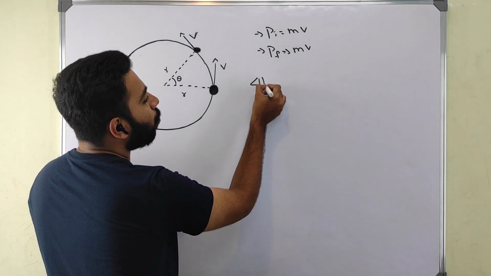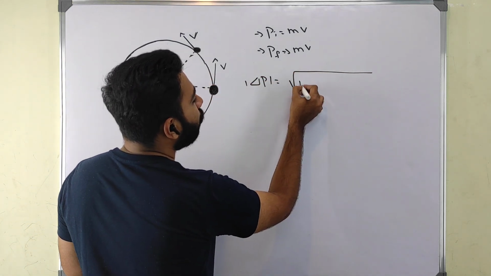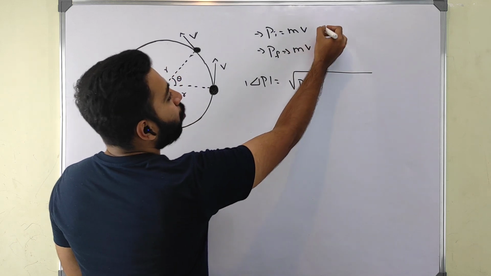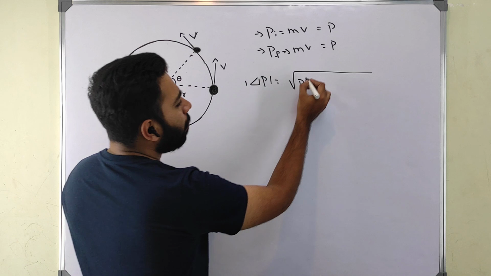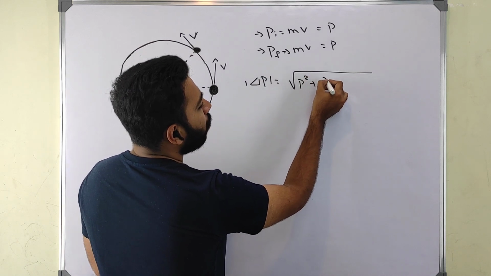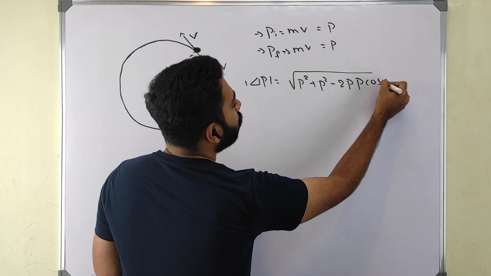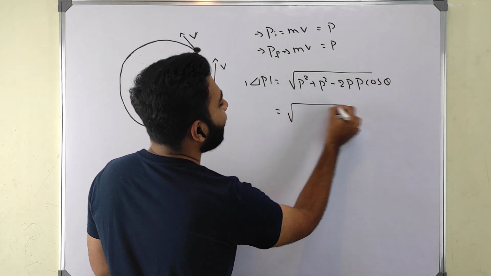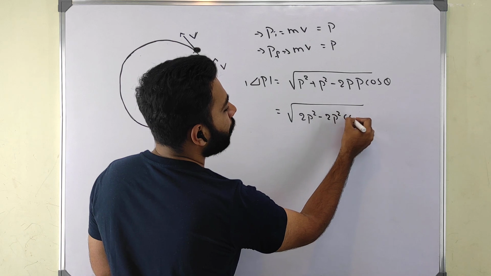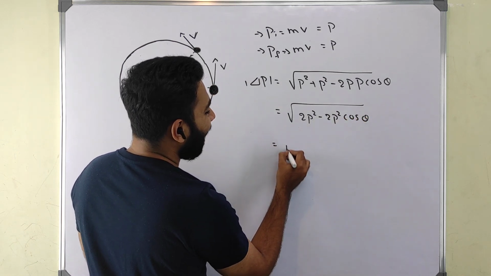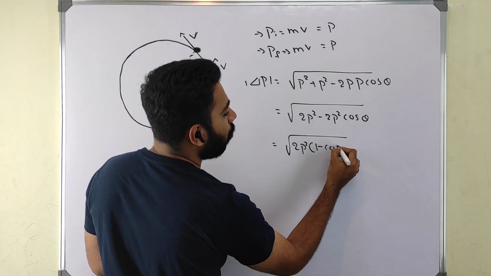If I ask you what is my change in momentum, it is the square root of p initial squared plus p final squared minus 2 p p cos theta. Both are equal, so let us say p only. So it is p square plus p square minus 2 p square cos theta, which is 2 p square into 1 minus cos theta.